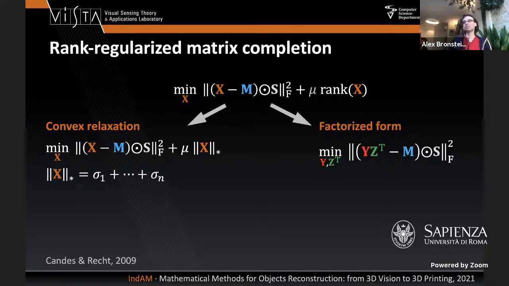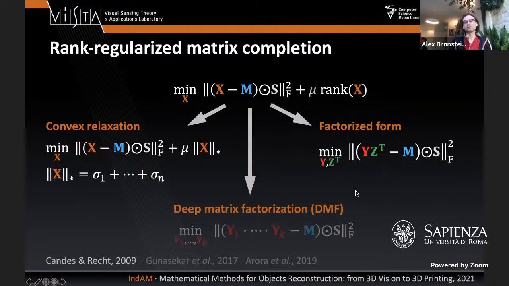So this is a very simple way to enforce low rank constraints. However, the problem becomes non-convex. We can try solving it, but there is no theoretical guarantee that we're going to get any meaningful solution.